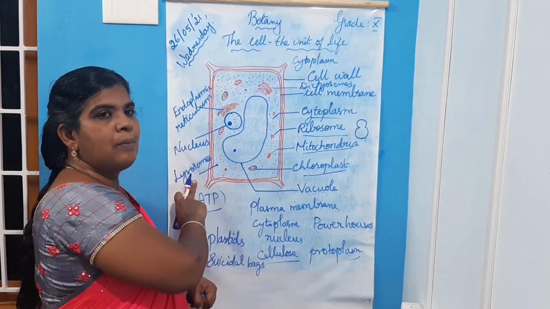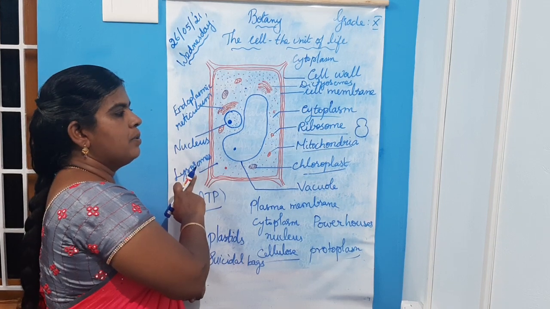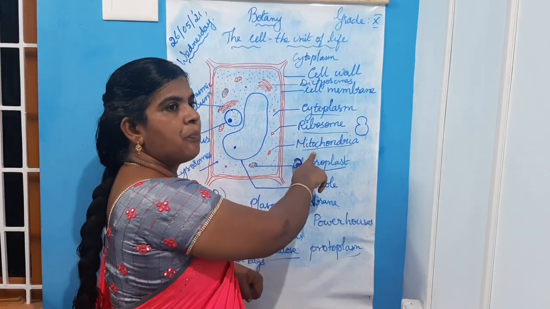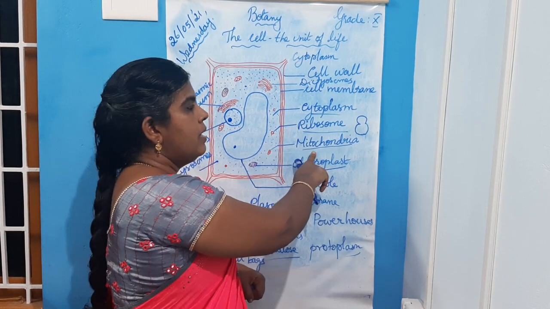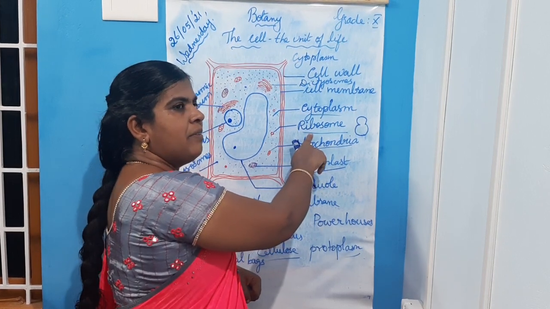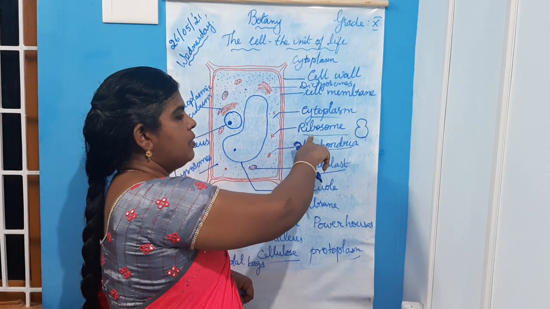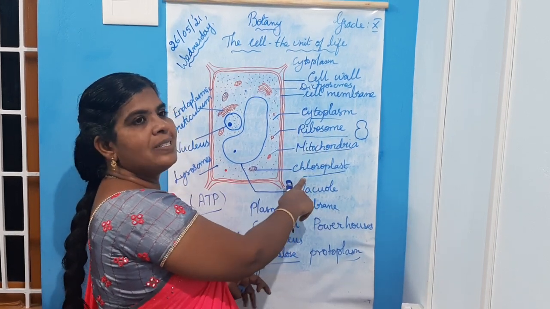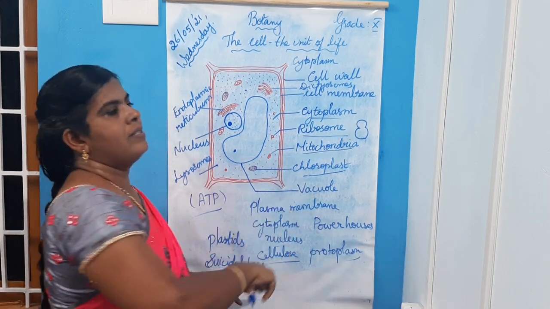Name the suicidal bags of the cell: lysosomes. Name the powerhouses of the cell: mitochondria. Name the protein factories of the cell: ribosomes. Name the organelles responsible for photosynthesis: chloroplast.